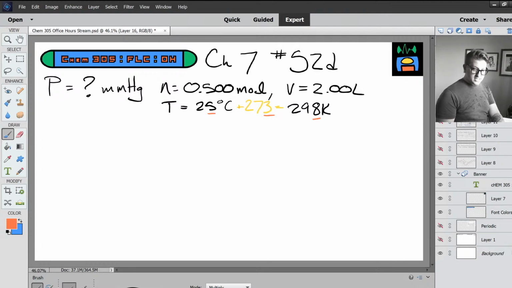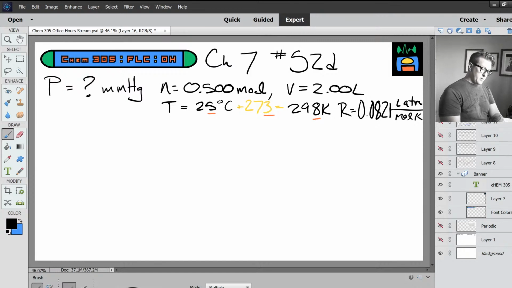Our answer has its last significant digit in the ones place, so we do not need to round. And our ideal gas constant, R, is always the same, 0.0821 liter atmospheres per mole Kelvin.